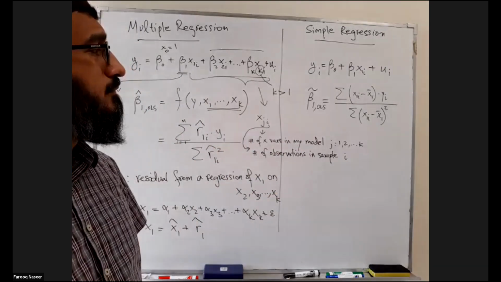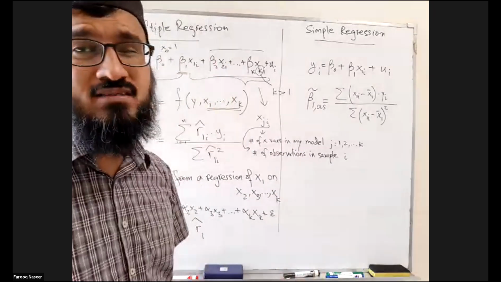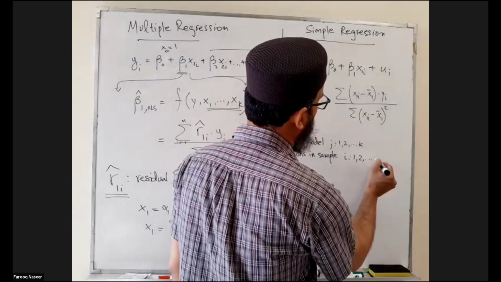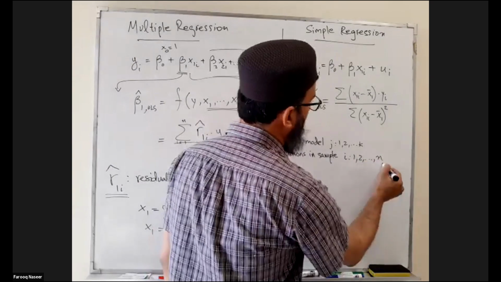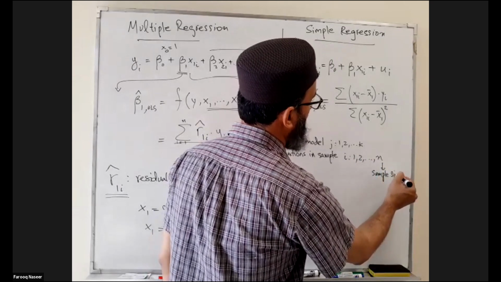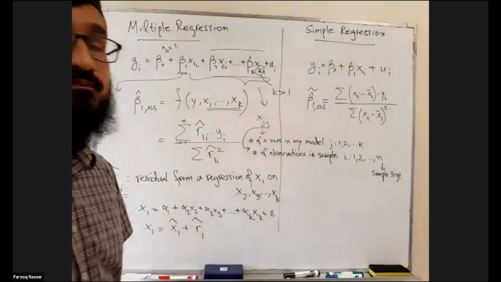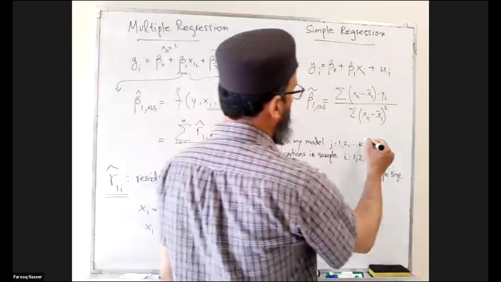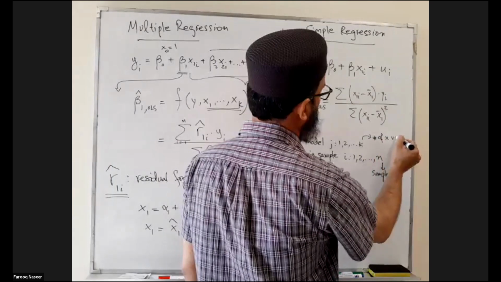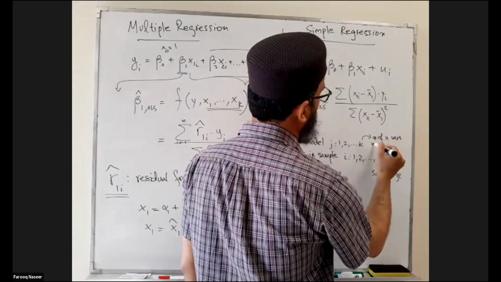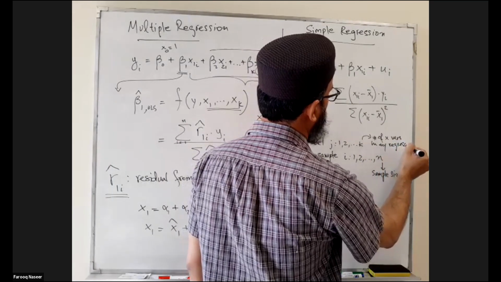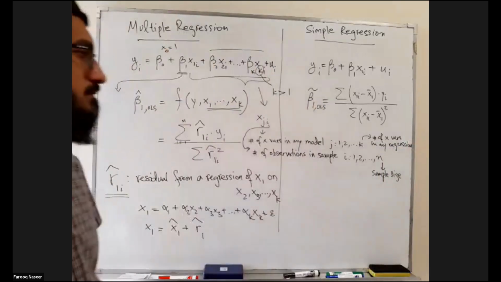N. जी. So sample size को हम n से denote करते हैं, right? So I goes from 1 all the way up to n, where n is the sample size, the total number of observations in my sample, right? And k is the number of explanatory variables in my regression. ठीक है जी?